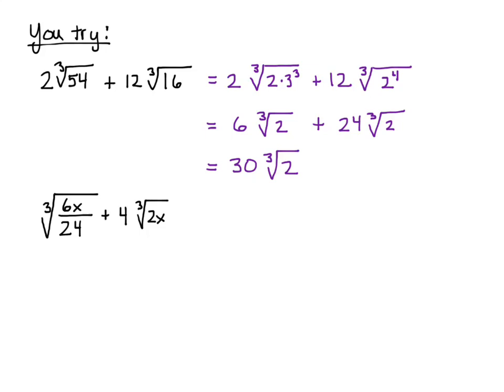So let me just simplify this, and so this turns out to be, no, it's the cube root of 8, which makes it 2. Okay? So that's, to me, one of the faster ways to do it.